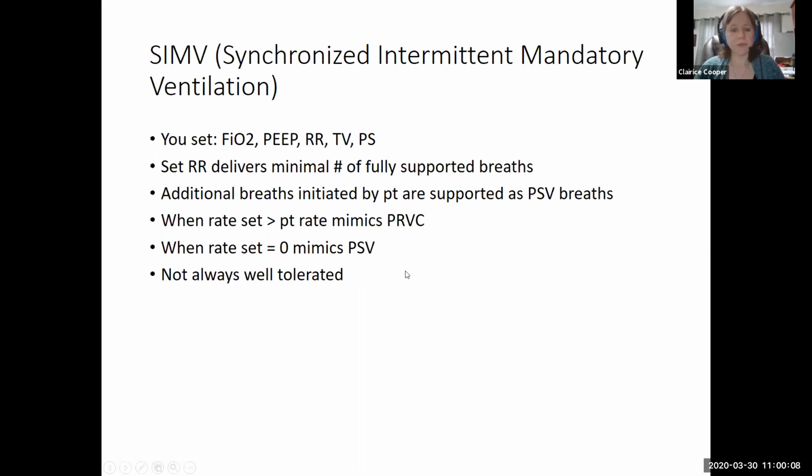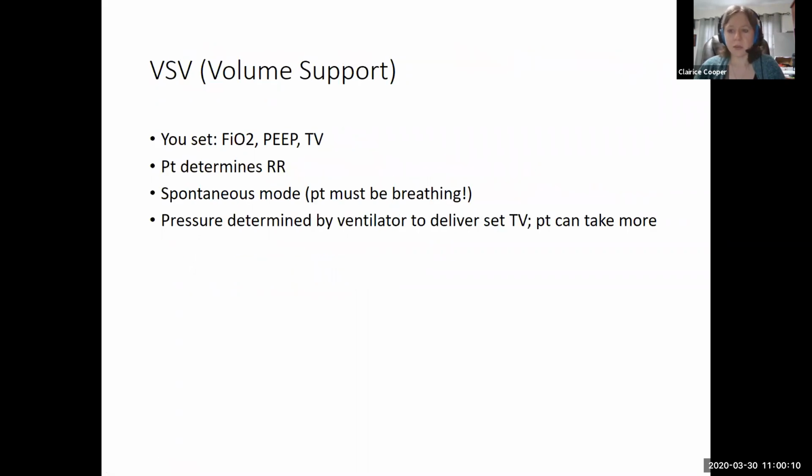The other mode that I think is worthy of mention, because you may see it, is volume support. So PRVC is volume control, or VCAC is volume control. Volume support means that this is a spontaneous mode where the patient is initiating the breaths. You set FiO2, PEEP, and tidal volume.